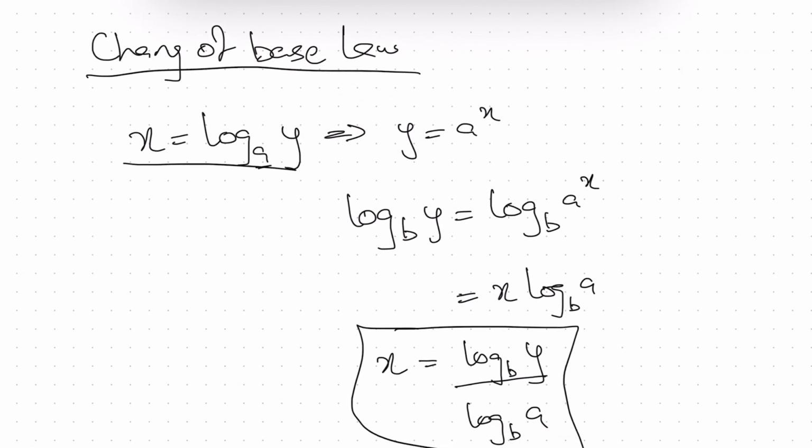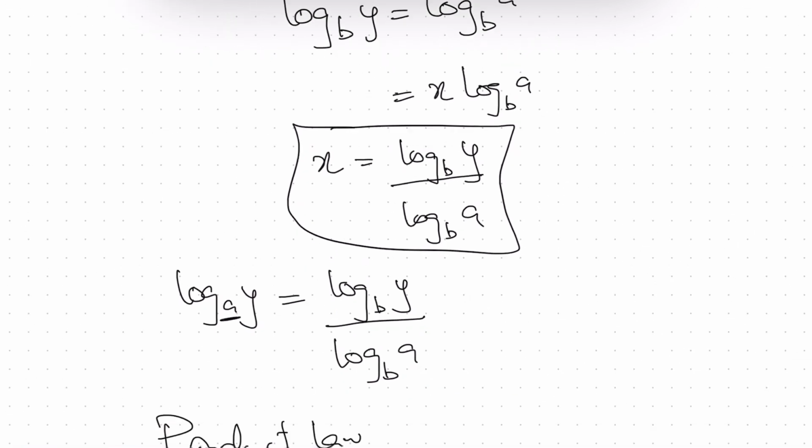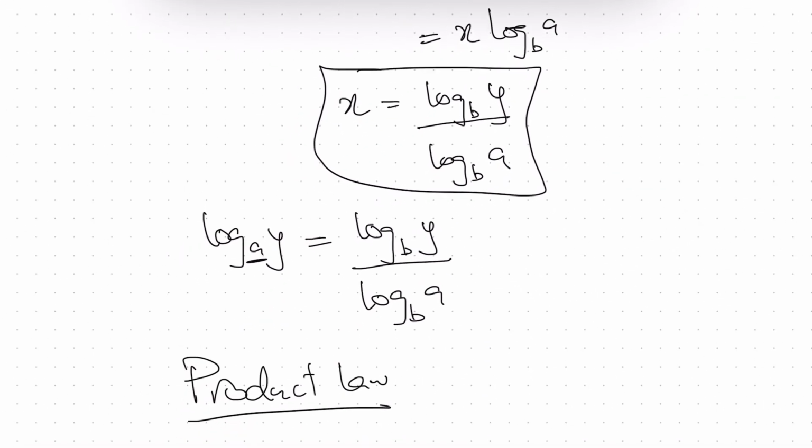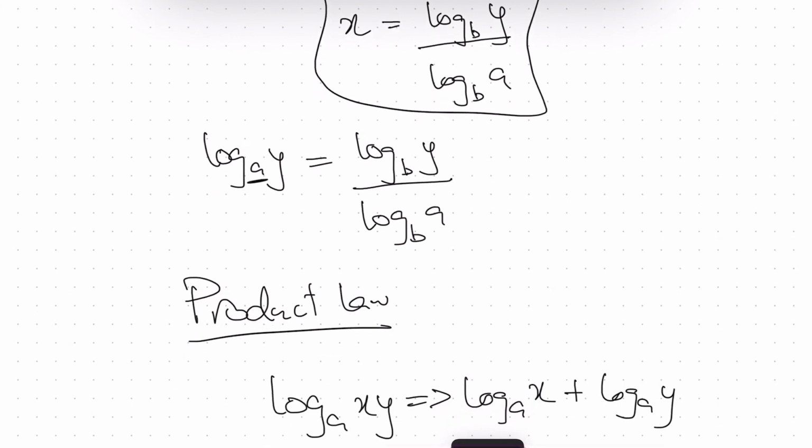Then we did the change of base, where if you want to change the base a, you can write it as log b of y over log b of a. The number comes in the numerator and the base comes in the denominator, and you may use whatever log you want.